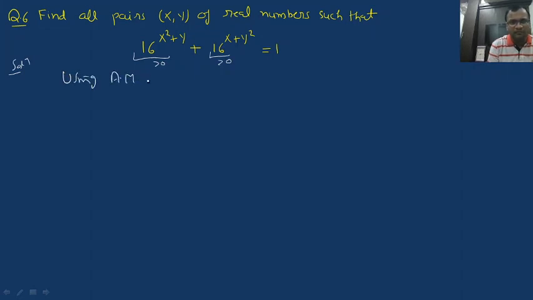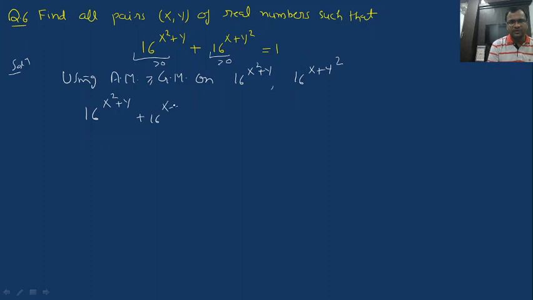Using AM greater than GM on 16 raised to the power x square plus y and 16 to the power x plus y square. Then AM is clearly 16 to the power x square plus y plus 16 to the power x plus y square upon 2. This is the arithmetic mean.